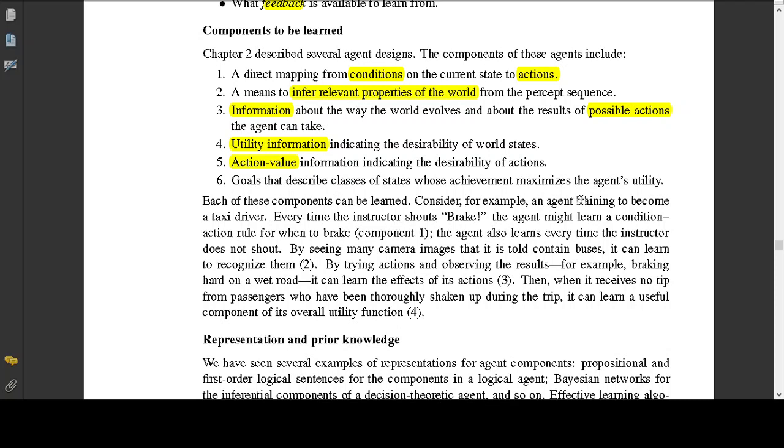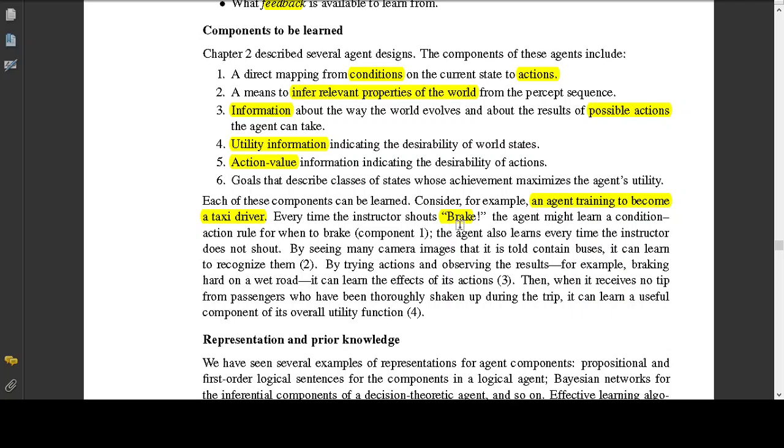Consider an agent training to become a taxi driver. Every time the instructor shouts brake, the agent might learn a condition-action rule for when to brake. So when the instructor shouts brake, it has to push the brake.